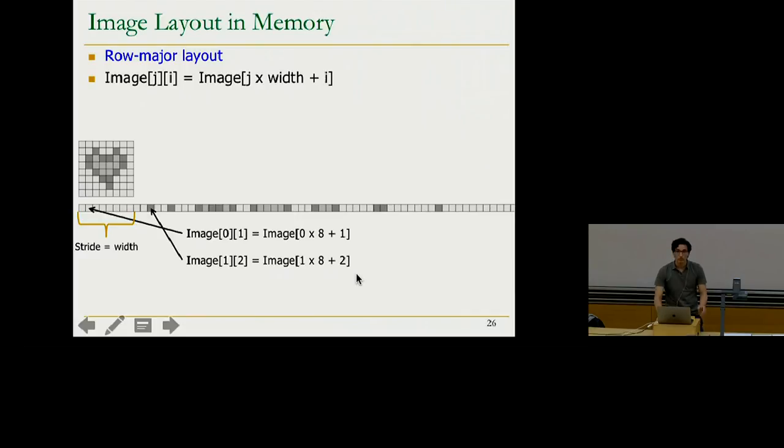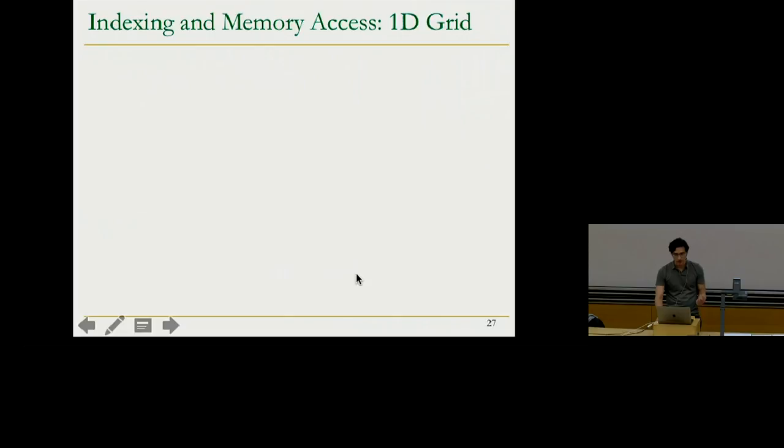Now we are going to see how to assign these image pixels to the GPU threads. Initially, we are going to assume a naive or straightforward mapping in which each of the pixels is going to be assigned to one thread of execution.